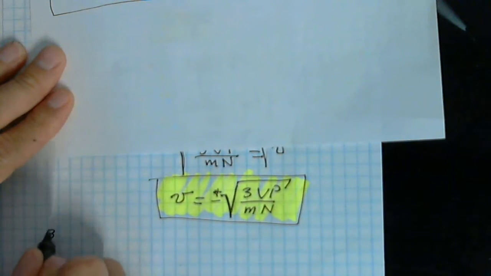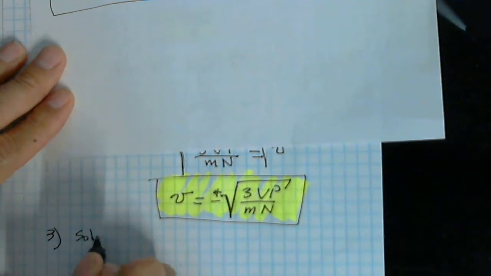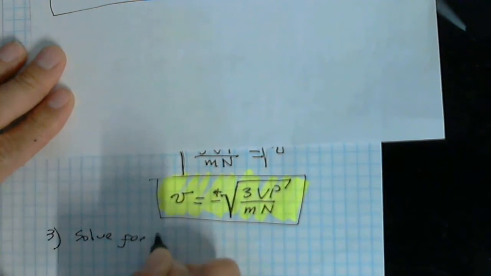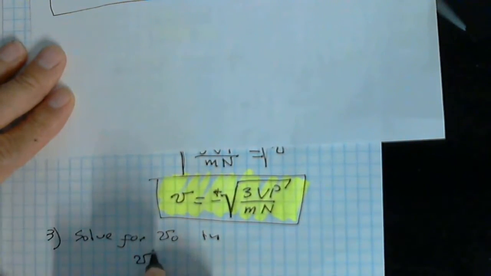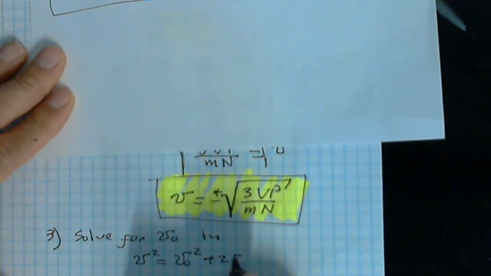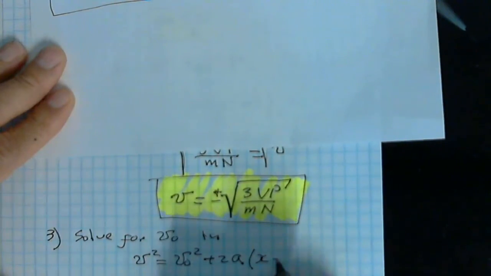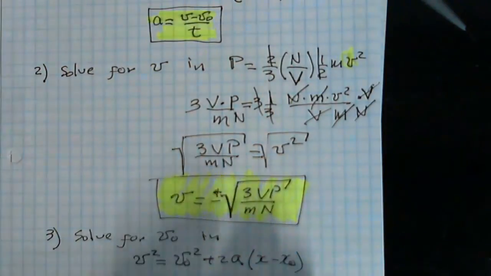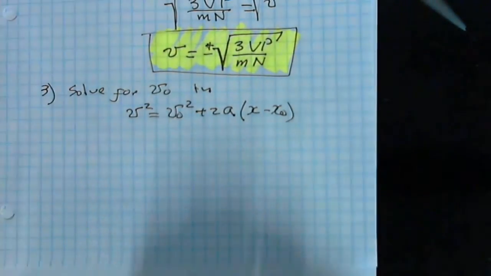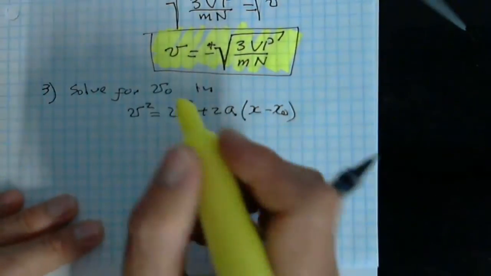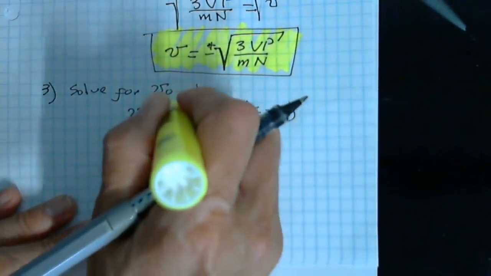The third one is in this equation, b squared equals b naught squared plus 2a times parenthesis x minus x naught. Okay, you need to solve for this.